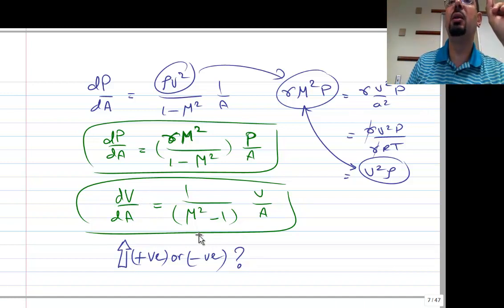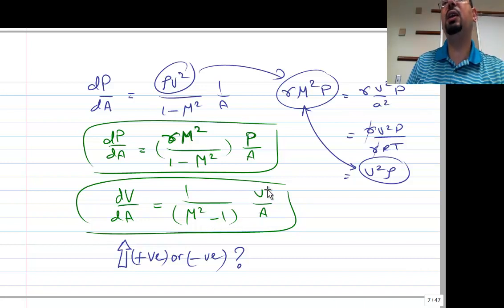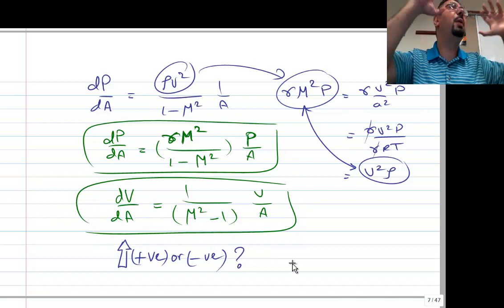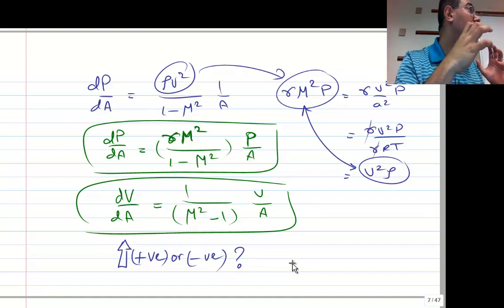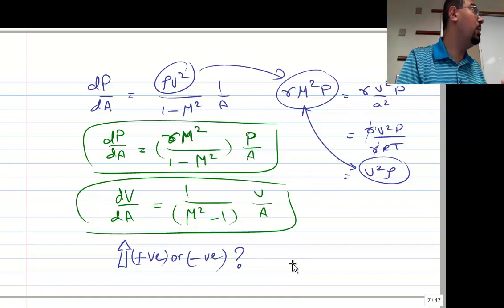Can you explain why it can be plus or minus? Because see, V is plus all the time. That's the magnitude of the velocity coming in. The area is always plus. So what would make dV by dA plus or minus? The M square minus 1. It's that bracket that holds the sign. The M square minus 1 can be plus or minus.